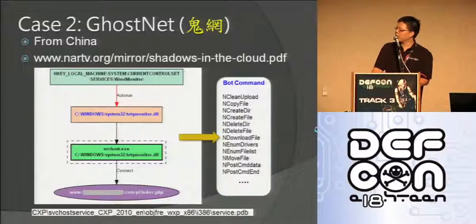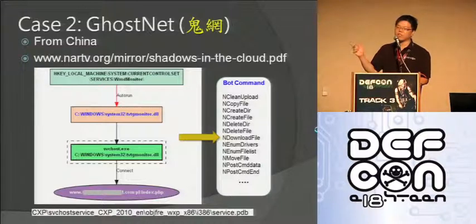And then it will connect to a CNC server. When we reversed this binary, we also identified the botnet commands that it can use. So you see all these botnet commands that this GhostNet can use.